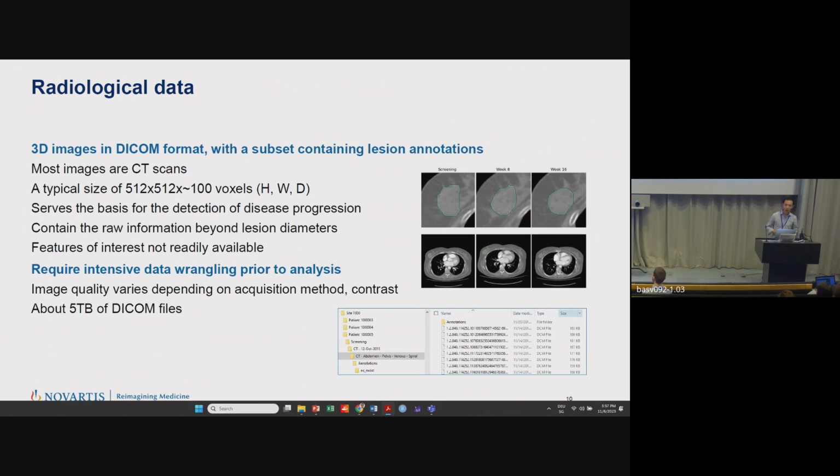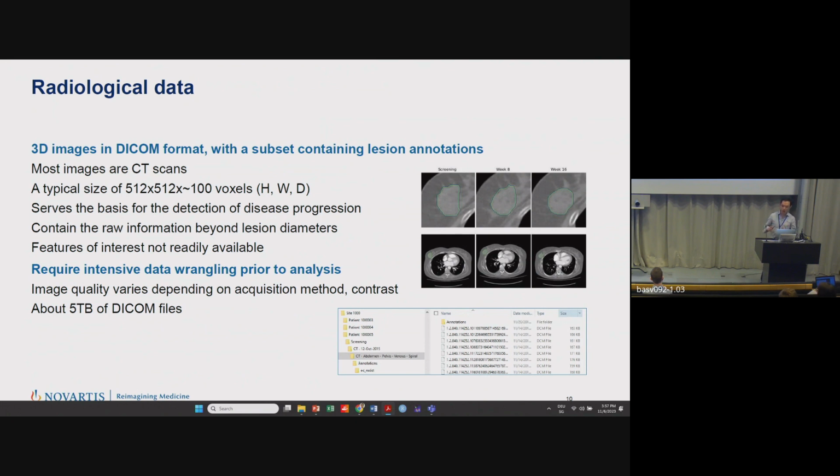A typical size is 512 by 512 by 100 voxels. Those images serve as the basis of detecting the lesion and determining the disease progression status. In a clinical endpoint like PFS, we just take a one-dimensional measure to look at the diameter of the lesion. And here you can imagine there's a lot more information available beyond just the diameter.